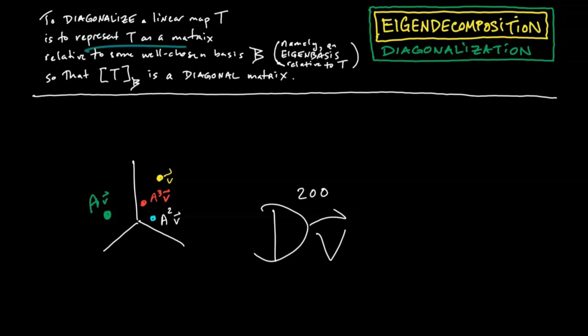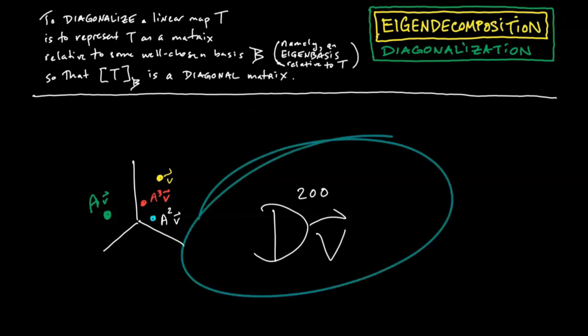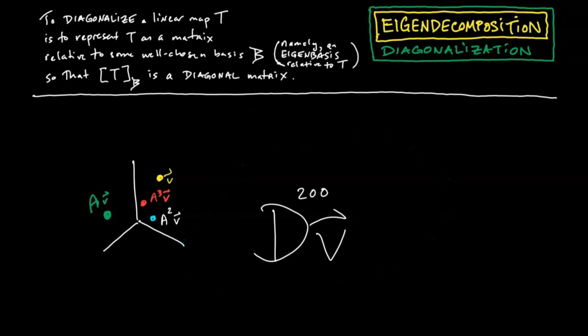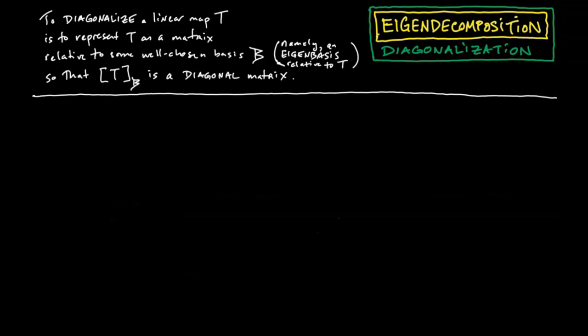We like our matrix representations to be diagonal when that is possible. Now, that's not always possible. We have to have an eigenbasis relative to the map, but when we do have one and we can get a diagonal representation, we are very happy because we can do things that otherwise we would not be able to do.